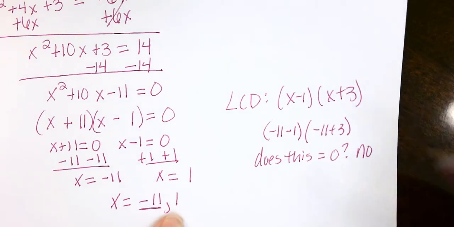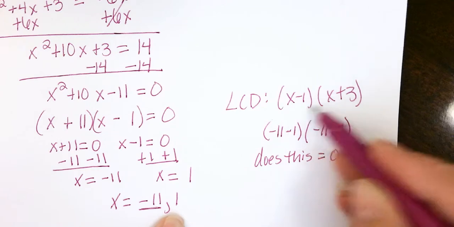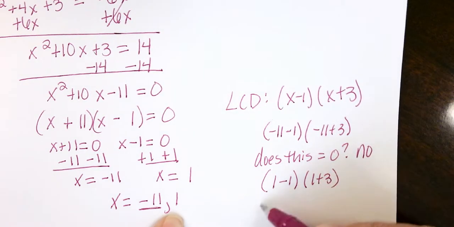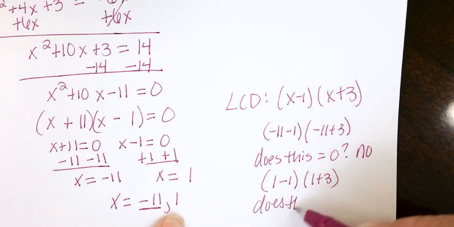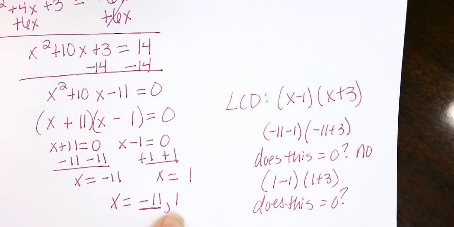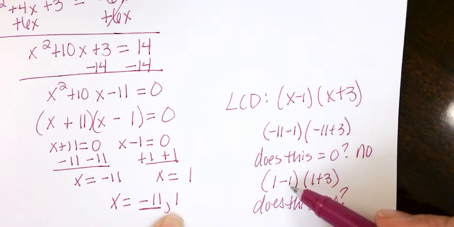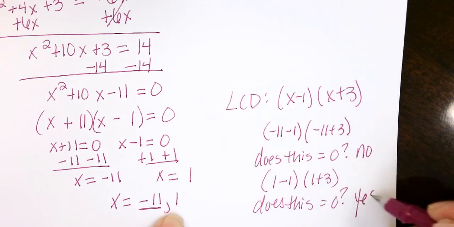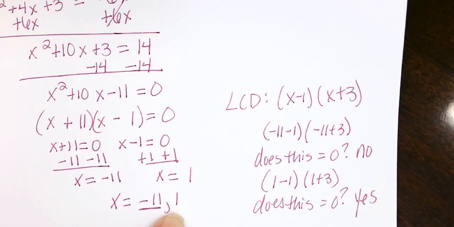Let's look at 1. So I'm going to do the same thing, plugging in 1 for both of these. 1 minus 1 and 1 plus 3. Does this equal 0? Well, 1 minus 1 is 0, and 0 times anything is 0. So we do have something that equals 0, and that means that this 1 right here is not going to be a valid answer.